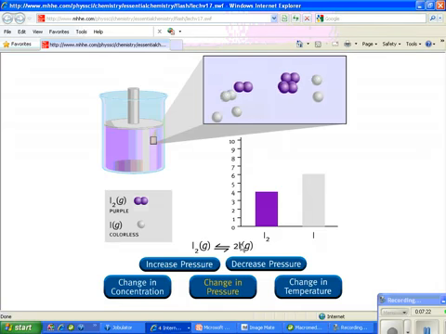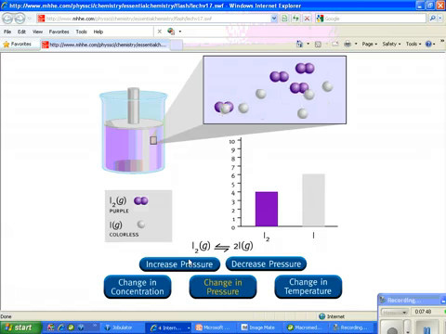So we have more moles of gas over here than we have over here. We have the same amount of stuff, but it's put together differently. And all gas molecules exert the same amount of pressure, whether they are big, huge, gargantuan molecules like hemoglobin, or whether they're simple little ions like these guys.